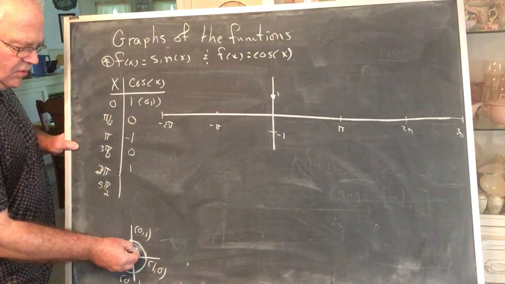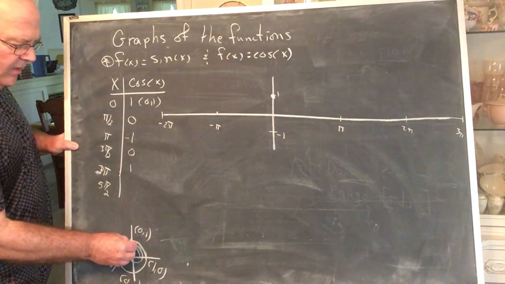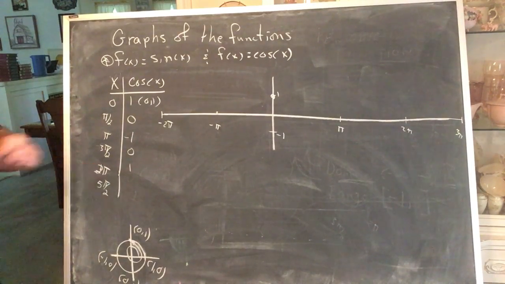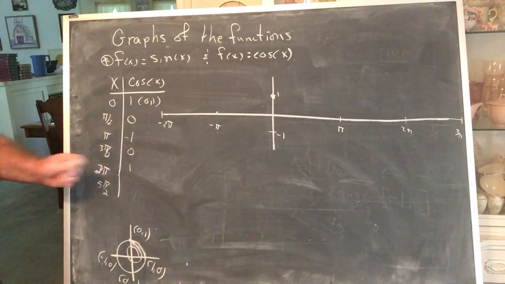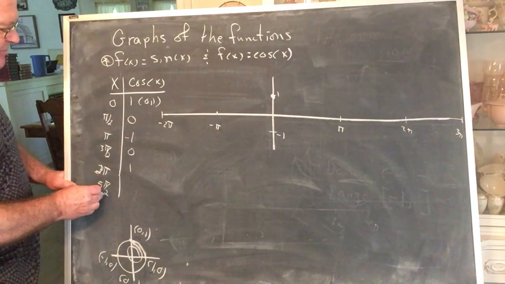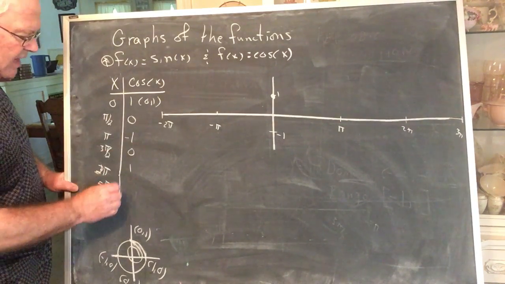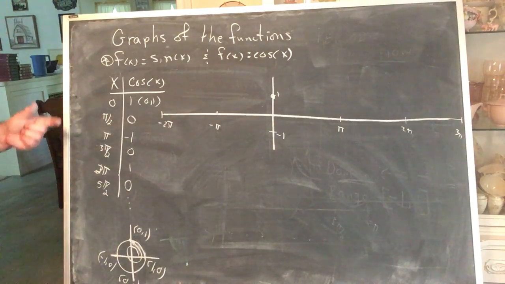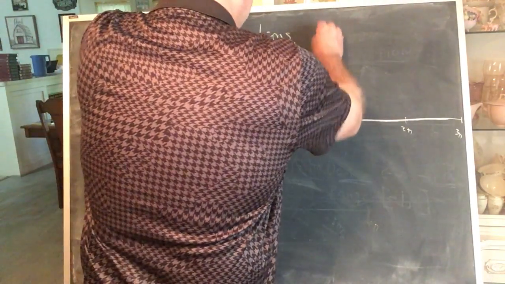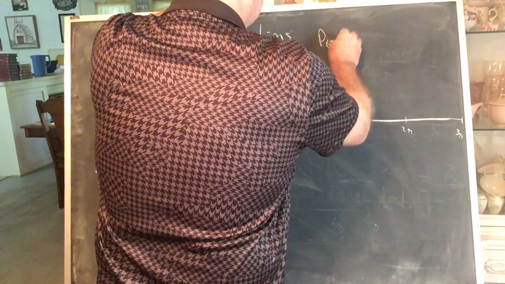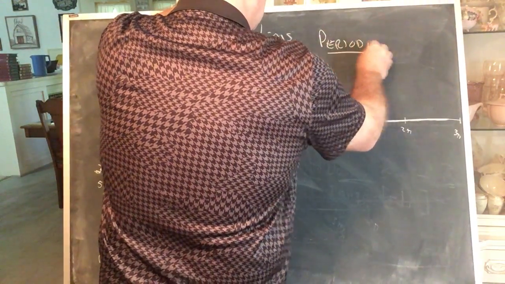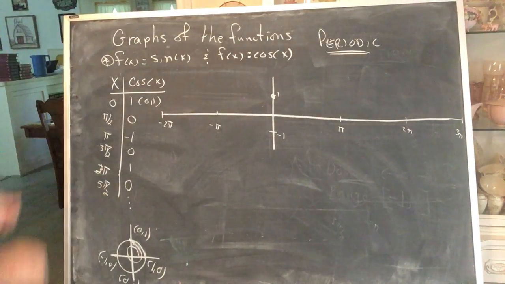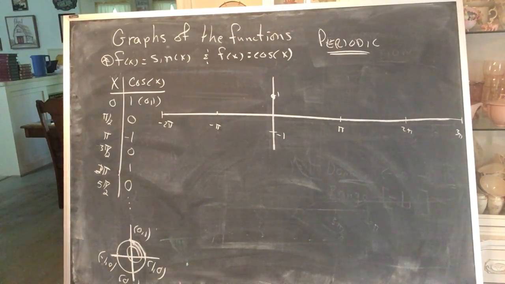And as we continue around the second cycle, we can see that again, the function repeats itself. And so at 5 pi over 2, it's the same as the function value at pi over 2. It's 0. And this cycle continues. Once again, the cosine curve is periodic. So it has a period just like sine does, and the graph is extremely similar.